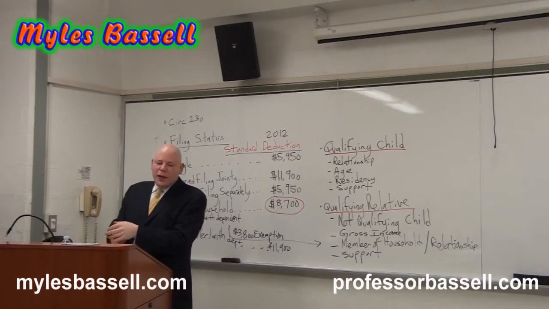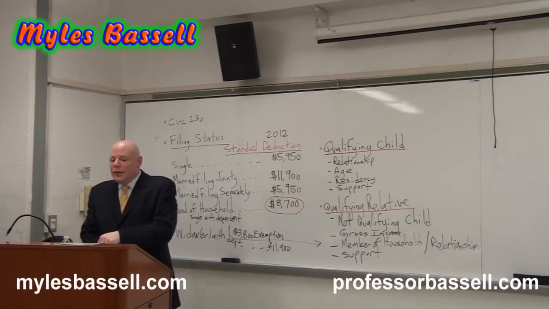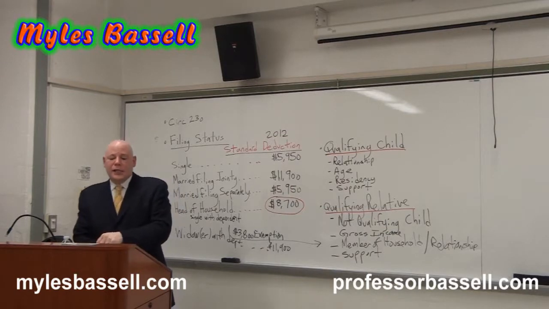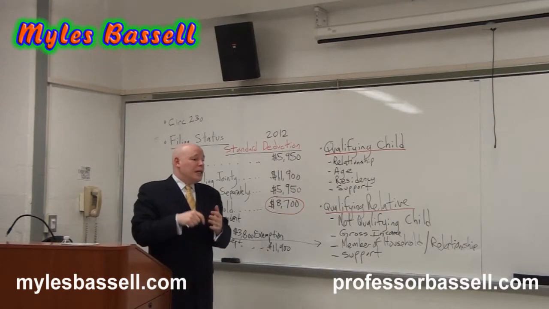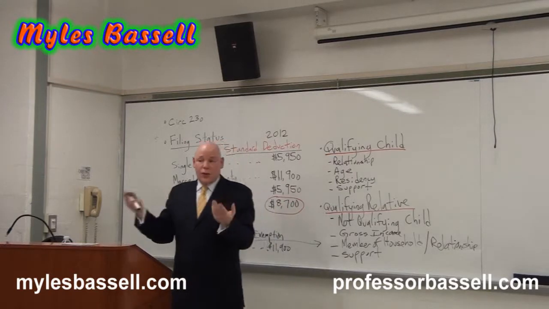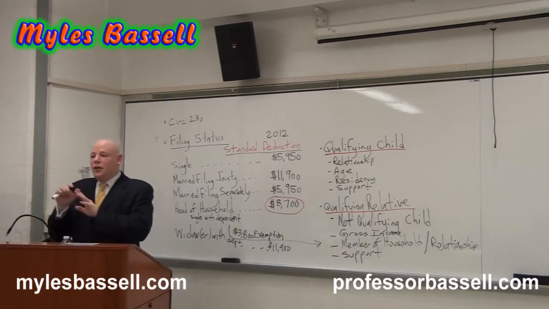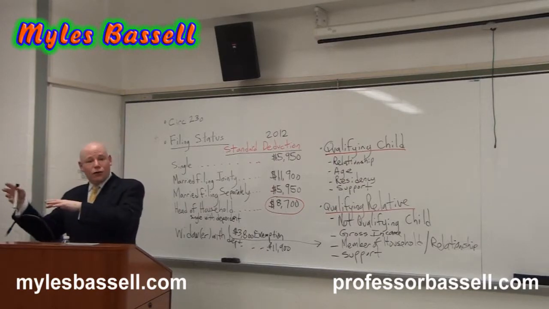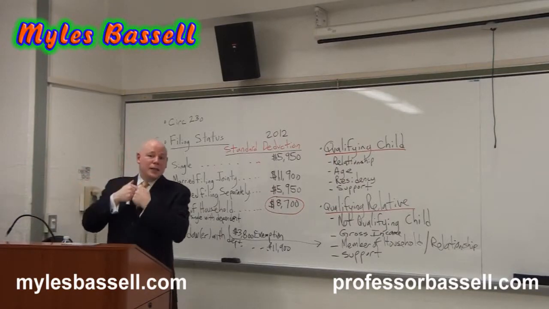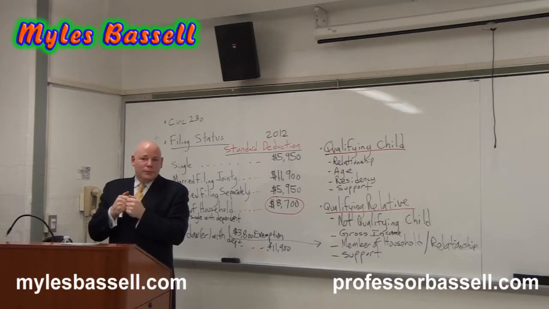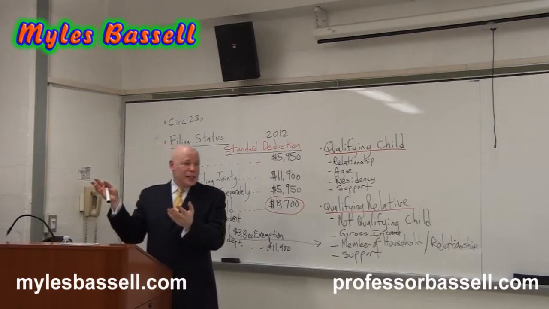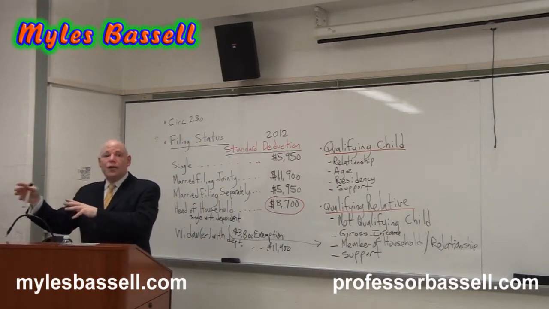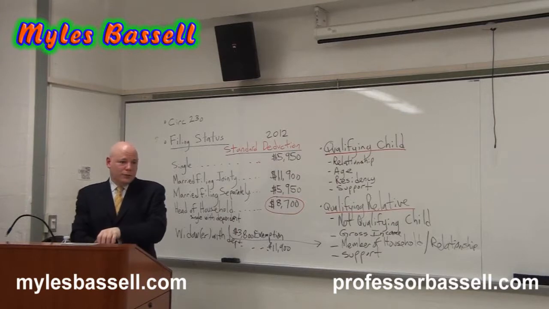And we're going to allow dependents to live in Canada or Mexico. So the code says that if they live in Canada or Mexico, they might meet the criteria for being our dependent. If they live in the United States, then they have to either be a U.S. citizen, a U.S. resident alien, or a U.S. national.